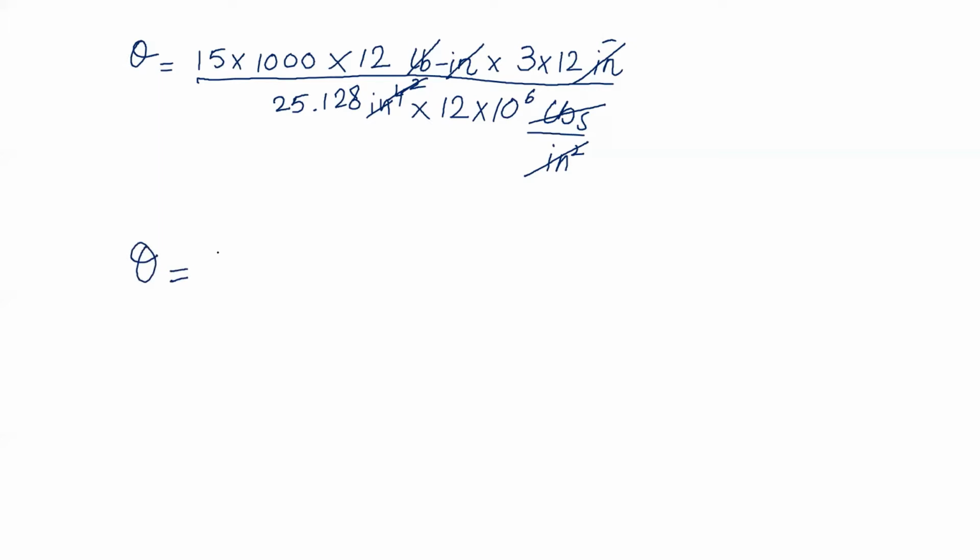So I am going to calculate 15 into 1000 into 12 into 3 into 12 divided by 25.128 multiplied by 12 raised to the power 6. The answer will be 0.021489 radians.